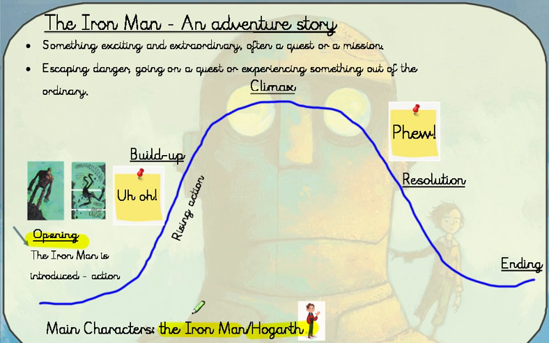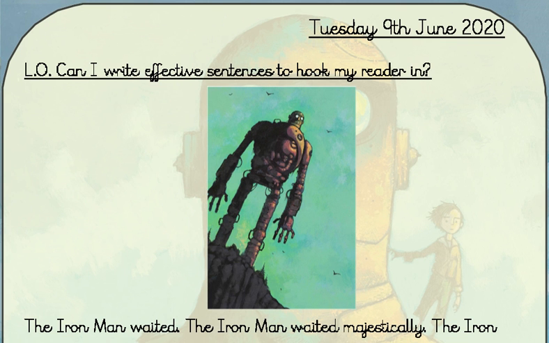Now, you already know about one of our characters in our book, that's the Iron Man. I want to just tell you a little bit about a second character, not introduced yet, but we will do in the next few sessions. So there are a couple of main characters in our story, but for now we're just focusing on the Iron Man.